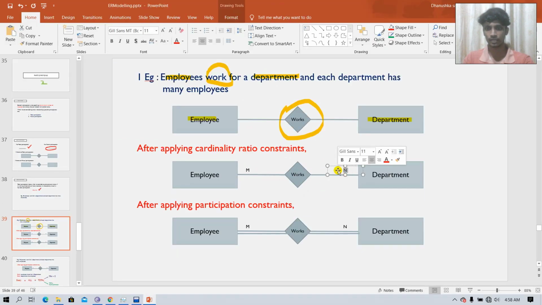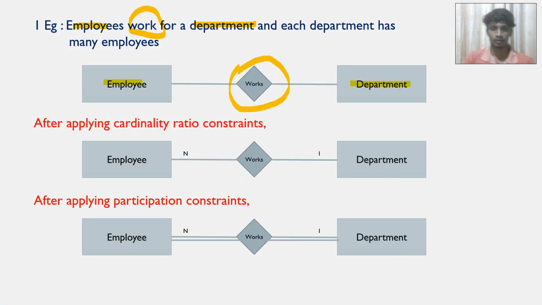An employee works for a department and a department has many employees, so over here there will be 1 and N. After applying the cardinal ratio, over here there will be N and there will be 1. We have discussed that fact. So after applying the participation constraint, there will be total participation on both sides.